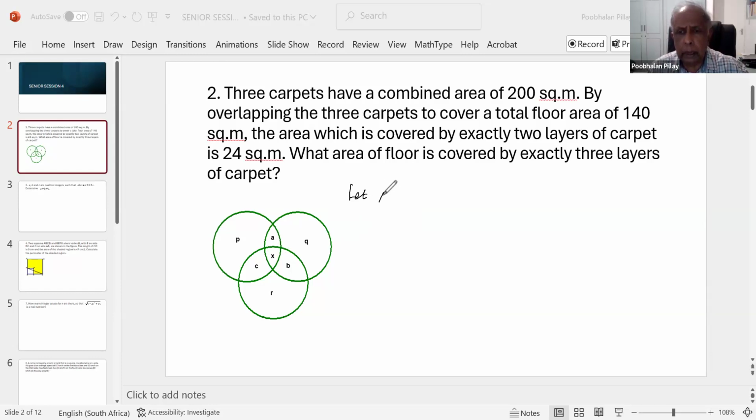Let A be equal to the area covered by 1 carpet. So that is equal to P plus Q plus R. You can see those are the 3. So A is equal to P plus Q plus R.